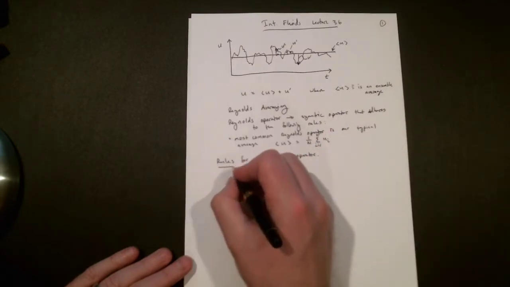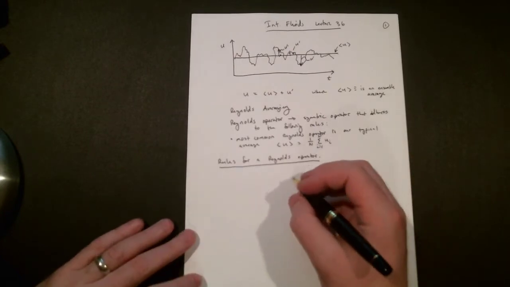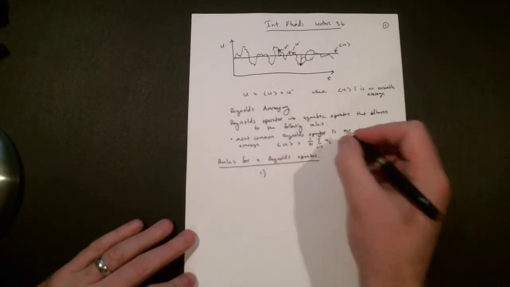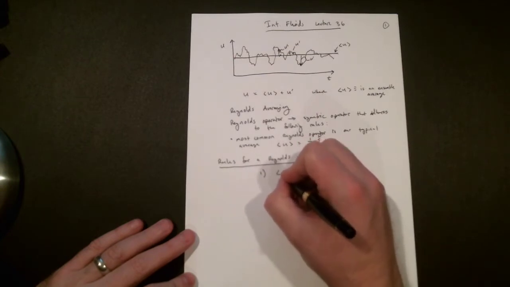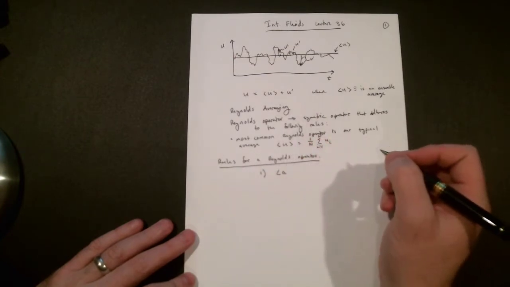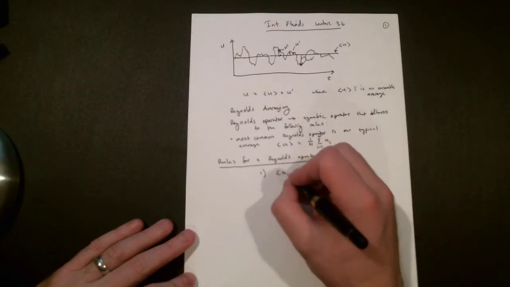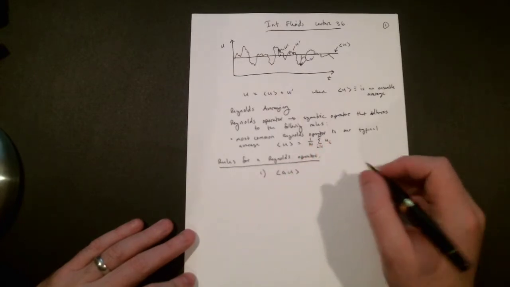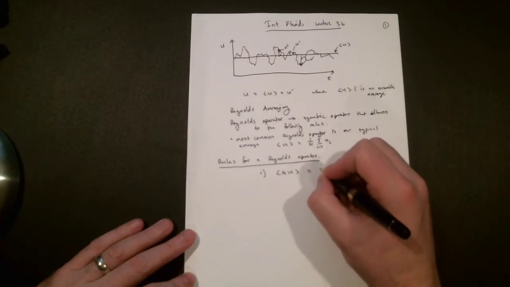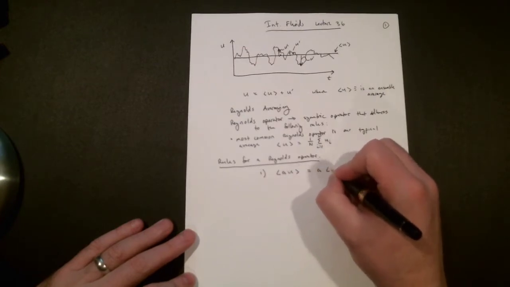The first rule, and this comes straight from our definition of the average, is that the average of any constant value times our variable, a times u, is going to be equal to just a times the average of u.